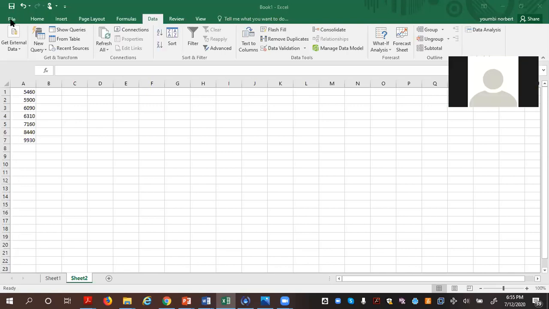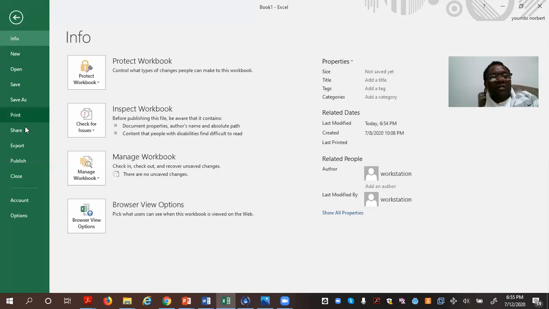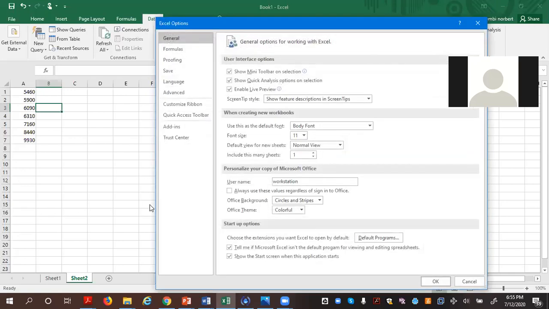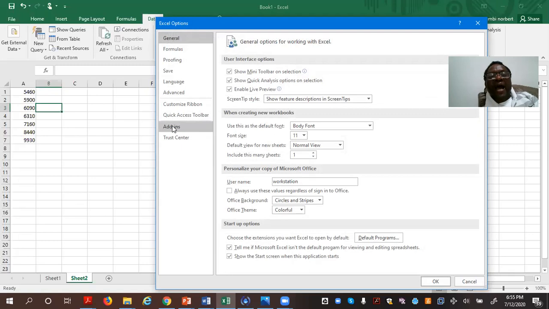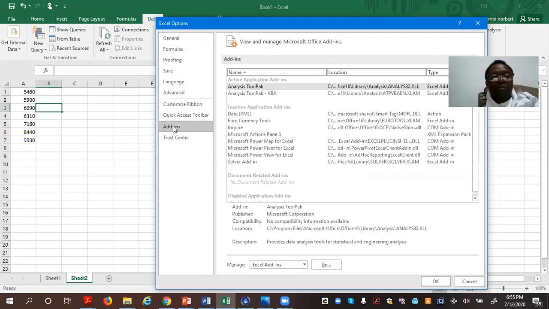Are you ready? Okay, you go to File. Then you will see options somewhere here, and a box will come up. Look here, you will see add-ins. So we click on add-ins.